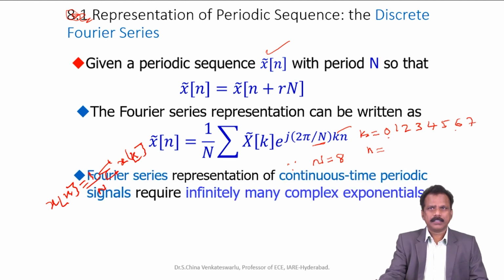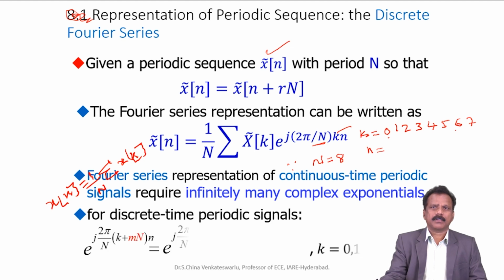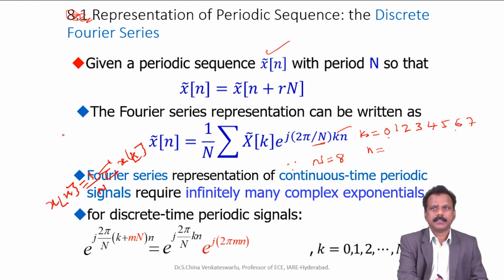The Fourier series representation of continuous time periodic signals requires infinitely many complex exponentials. For discrete time periodic signals, e power j 2 pi by N of (k plus mN) into n is equal to e power j 2 pi by capital N into kn.